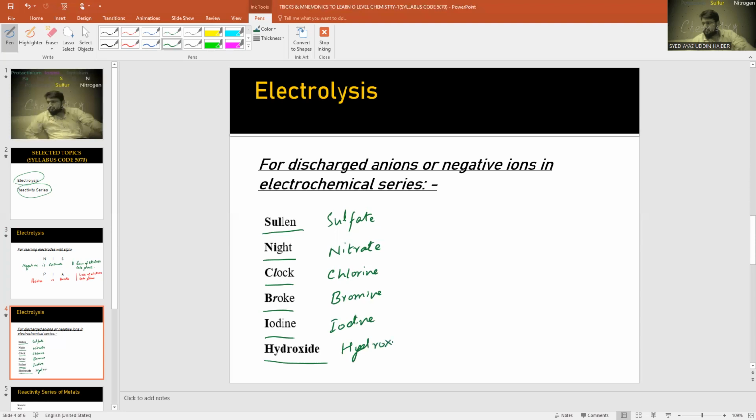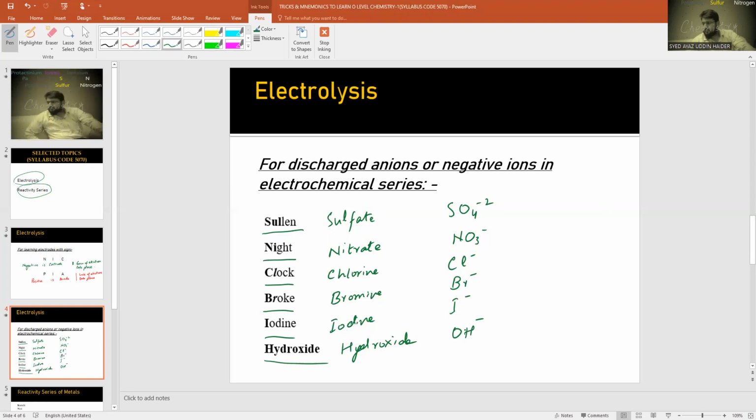Let me write their symbols or formulas: SO4 2-, NO3 minus for nitrate, chloride ion Cl minus, bromide ion Br minus, iodide ion I minus, hydroxide OH minus.